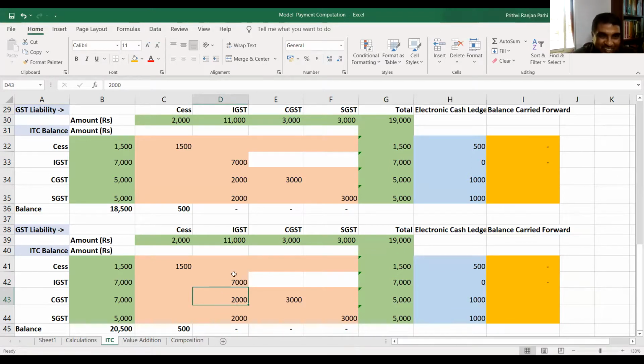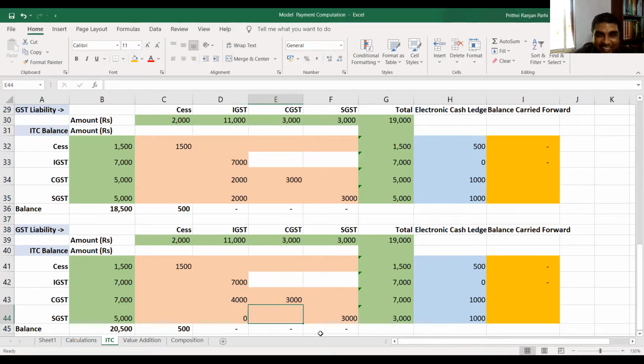Okay, so you see, my IGST liability is 11,000, 7,000 out of IGST. The remaining out of? Sir, 4,000 will be out of CGST. 4,000 out of CGST, you are saying. Okay. So CGST got adjusted 4,000, 3,000, 7,000. SGST, I don't need it because CGST does not exist.